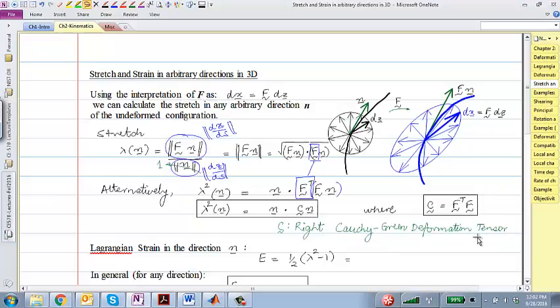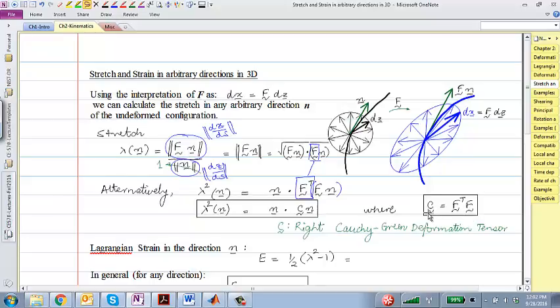We'll see what is the benefit of doing F transpose F in a little bit. What we have defined up until now is a map phi. If you have the map, you can find F, the deformation gradient tensor field. If you have F, you do F transpose F and you get C.